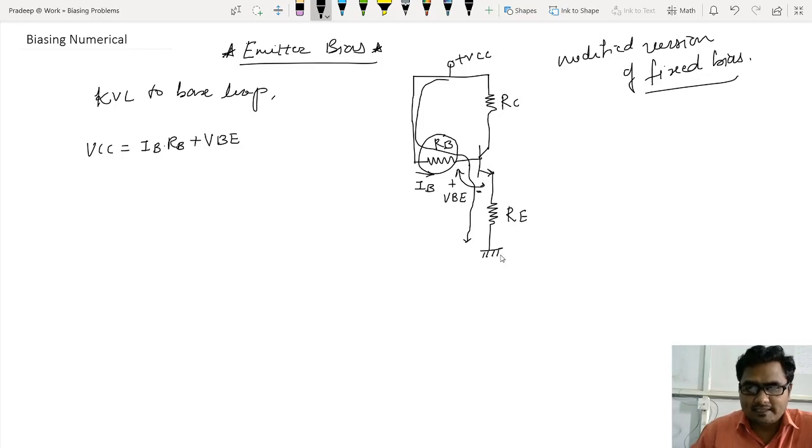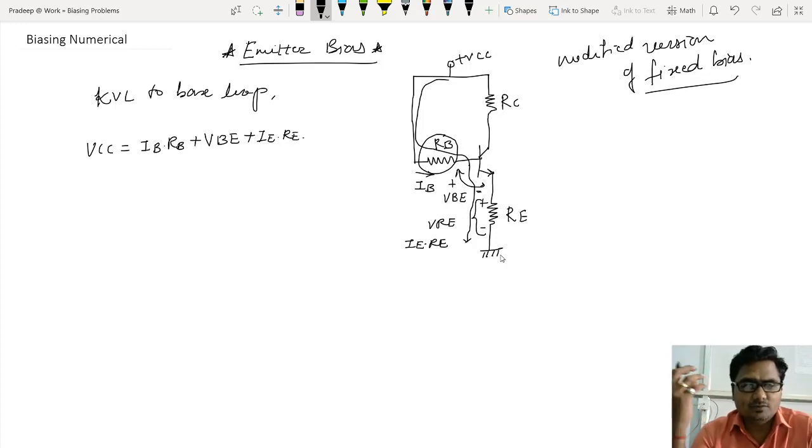Now after that, this voltage will also come into the picture, because we have connected one extra resistor at the emitter, so obviously voltage will develop across that emitter resistor. We can call it VRE, or simply IE multiplied by RE. So let me write it here, plus IE multiplied by RE. This is the basic KVL that I have applied to the base loop.